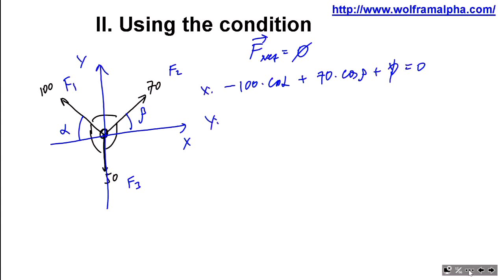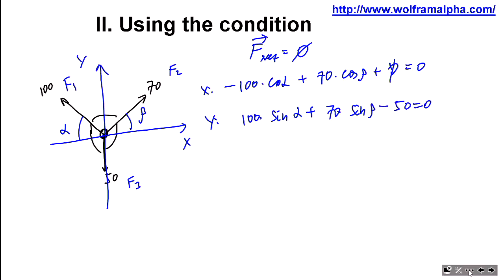For the y component, force number 1 has a positive component. Same equations we just wrote 2 minutes ago, just different numbers. 100 times sine of alpha plus force number 2 has a positive component, 70 times sine of beta, minus 50 equals 0.